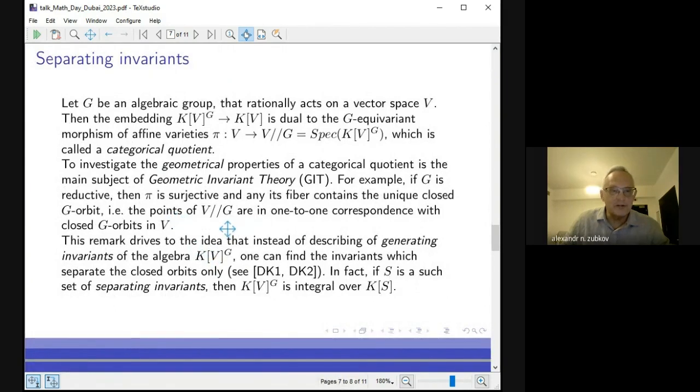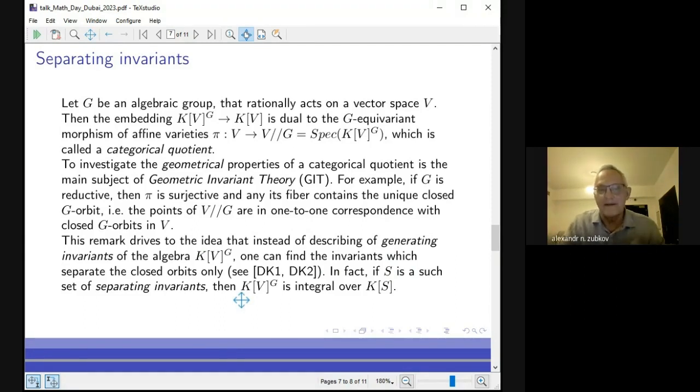The original definition is equivalent to the following. A set of invariants, say this capital S, is a set of separating invariants if these invariants separate closed orbits. It means that if you have two different closed orbits of n-tuples of octonions, then they can be separated.